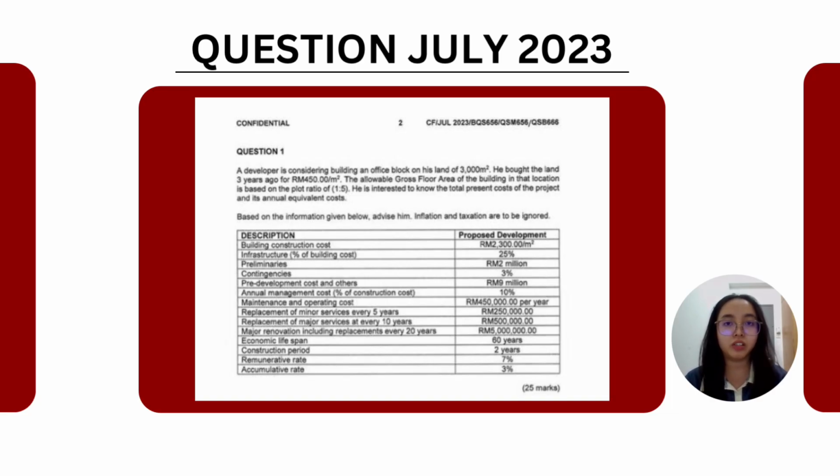Our task is to calculate the total present cost of the project and also estimate the annual equivalent cost. The information provided includes the building construction cost, infrastructure cost, preliminaries, contingency, pre-development cost, etc.